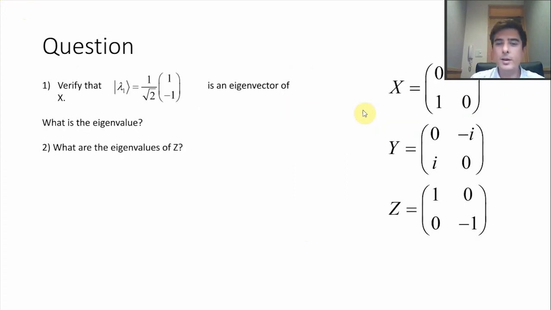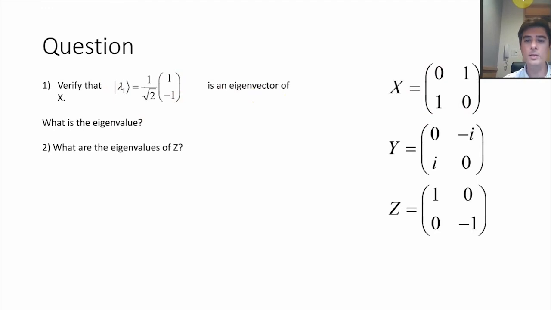So now let's finally go through this question here. The first question says, verify that this vector is an eigenvector of x. To show that this is an eigenvector, all we have to do is multiply this x by this lambda here.